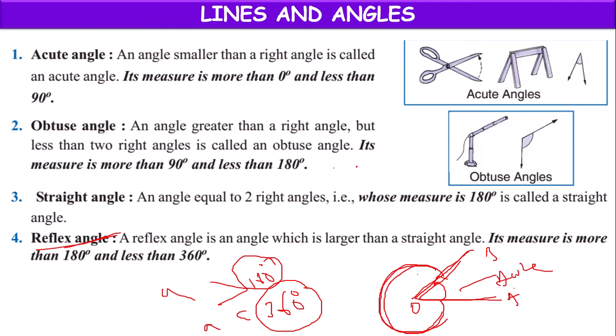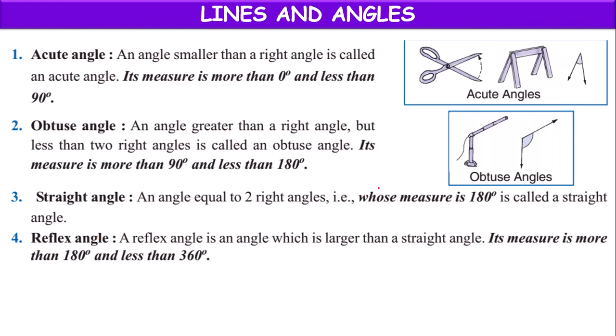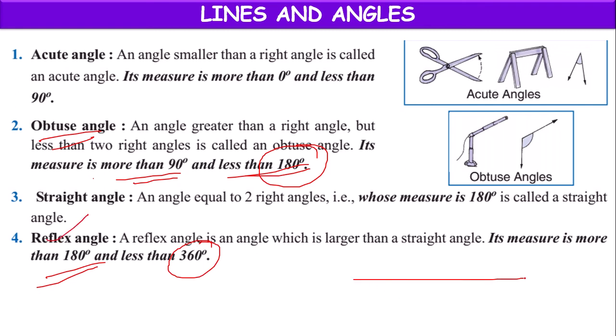Or not only that, actually we have here obtuse angle, more than 90, less than 180. This is called obtuse angle. But if the angle is more than 180, less than 360, then it is called reflex angle, because we have straight angle.